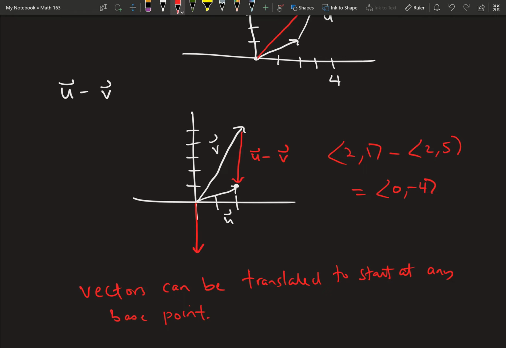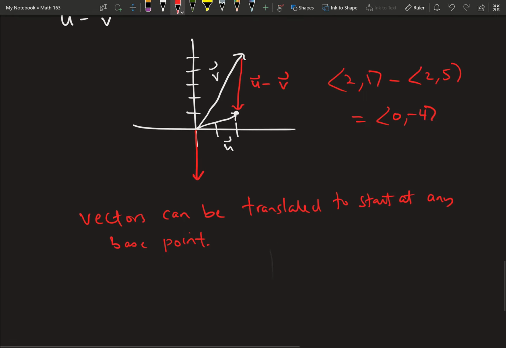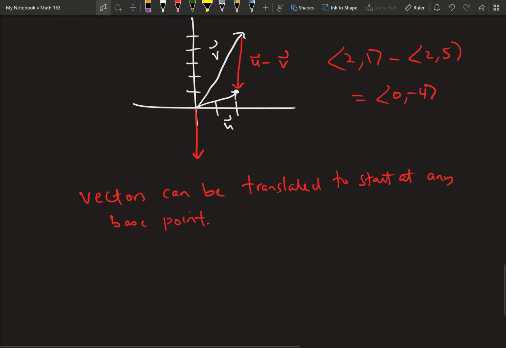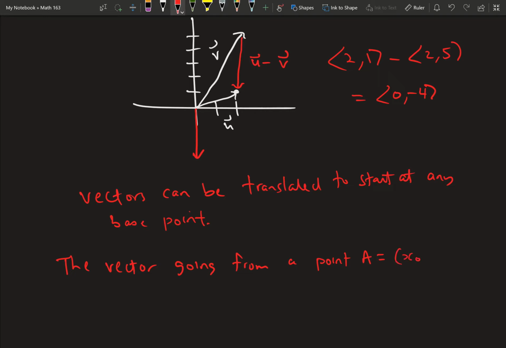So these are some basic examples that are good to keep in mind. A little point to note here. So the vector going from a point A, and let's now jump to 3 dimensions, (x naught, y naught, z naught), to the point B, which is (x1, y1, z1).